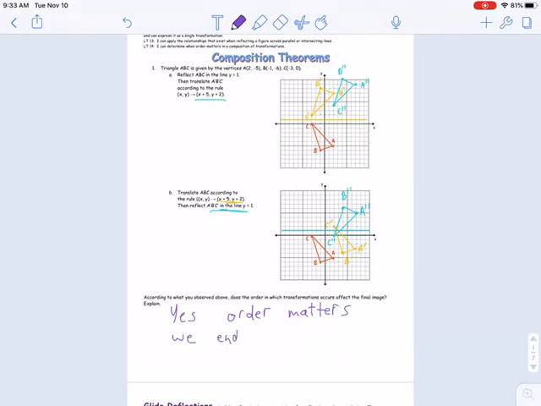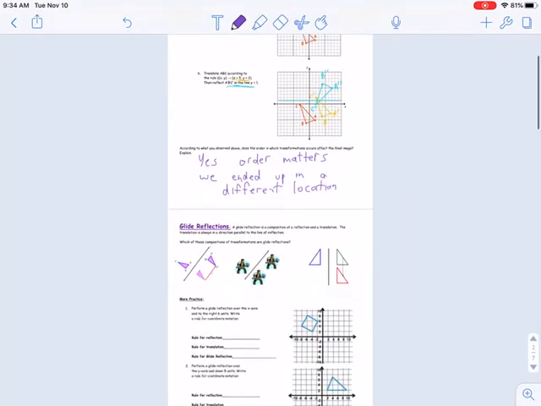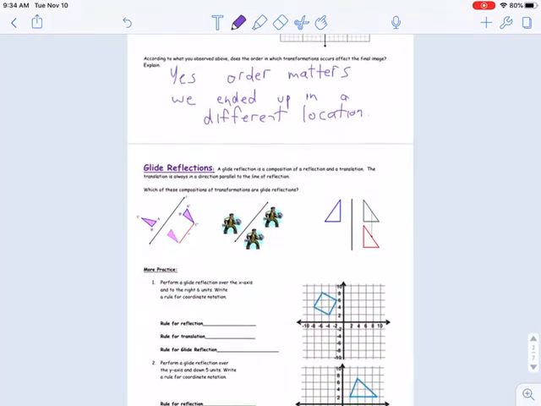We ended up in a different location. It's oriented the same, but in a different location. So order matters. Sometimes it doesn't, but it's a good habit to do the specific order it tells you to do it in.